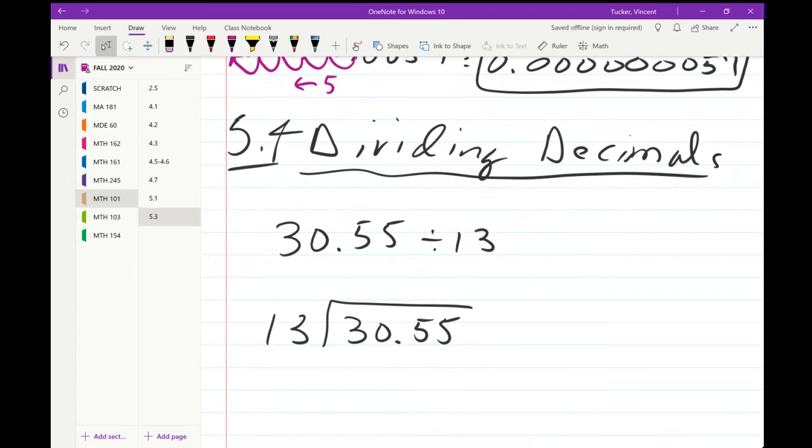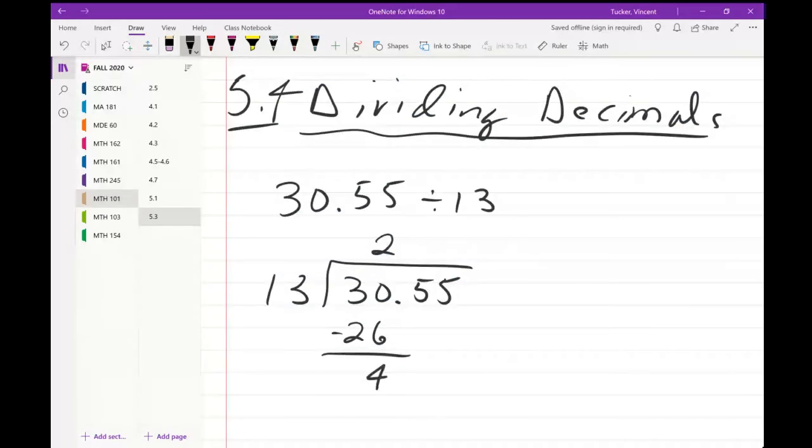So that means we'll look at the 30. 13 goes into 30 2 times. 2 times 13 is 26. Then we subtract. That'll give me a 4. Your decimal should line up with the decimal in your answer.